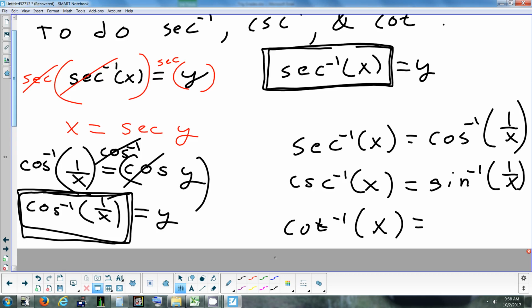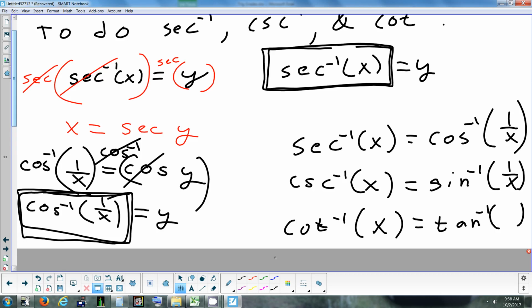So what trig function is related to inverse cotangent by flipping? No, not cosine. Anyone help him out? What trig function is related to inverse cotangent by flipping? Inverse tangent. And what would you type in? The inverse tangent of 1 over x.